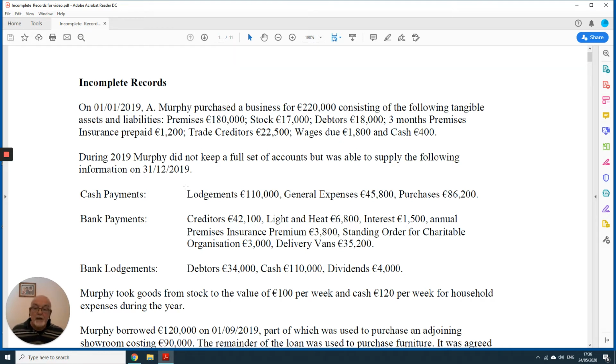So if we start with 3 months prepaid, and then during the year we pay another 12 months, it follows that we end the year with 3 months prepaid as well. So if 3,800 is 12 months, a quarter of that must be the amount prepaid for next year. That'll be 950 of the 3,800.